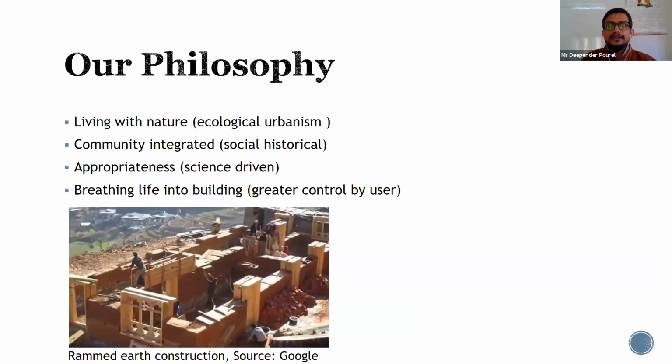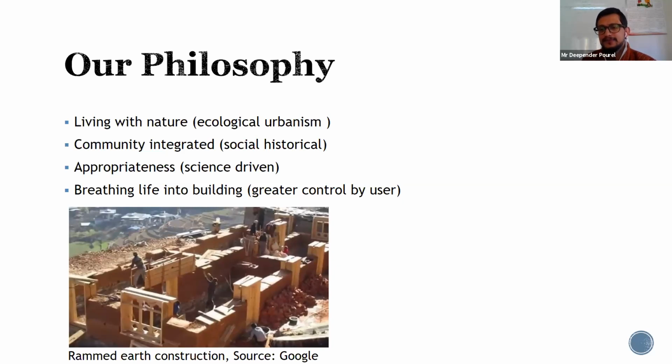That is a community that's integrated, that uses people to be part of the construction process. Materials that are being sourced from the locality. So there is community engagement, thereby creating a sense of belongingness to the building, also to the structure that is being built. Appropriateness, science-driven, data-driven.